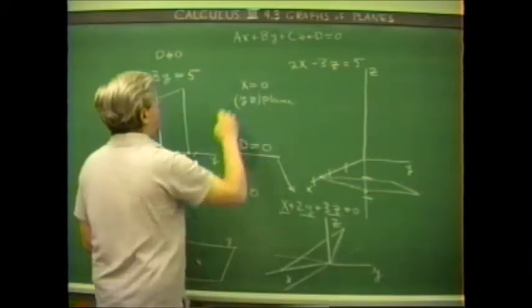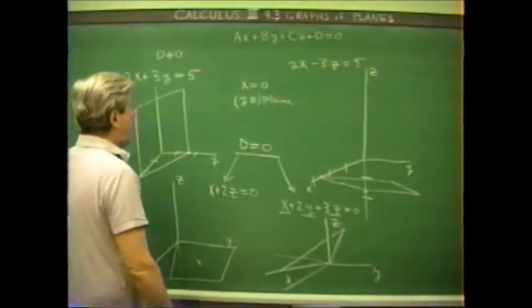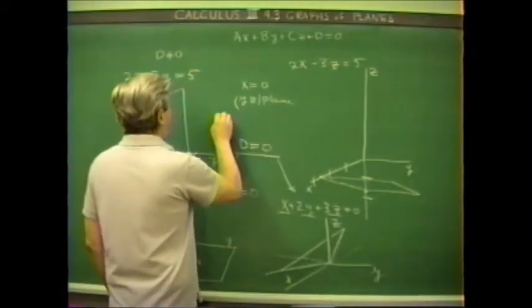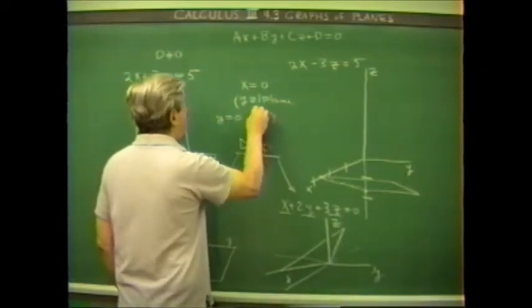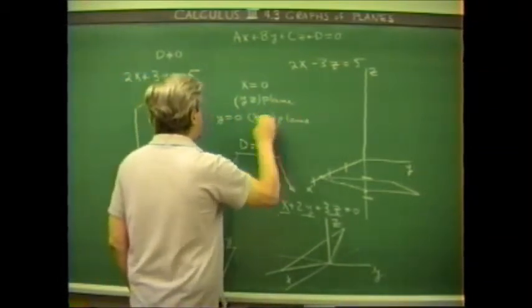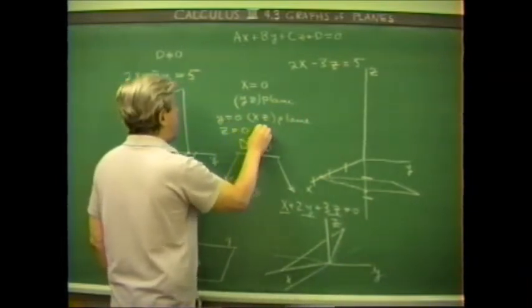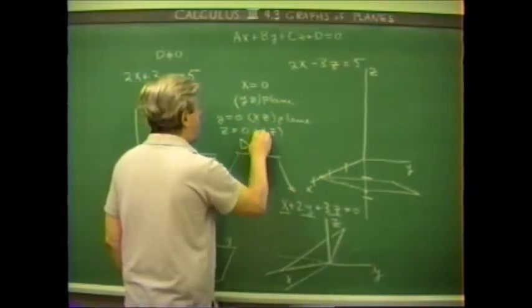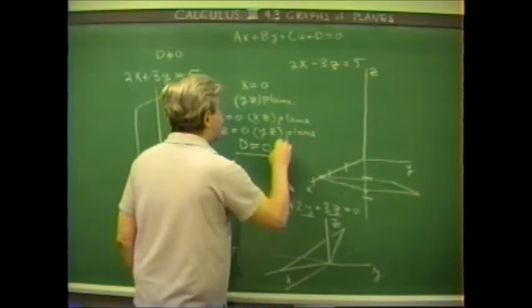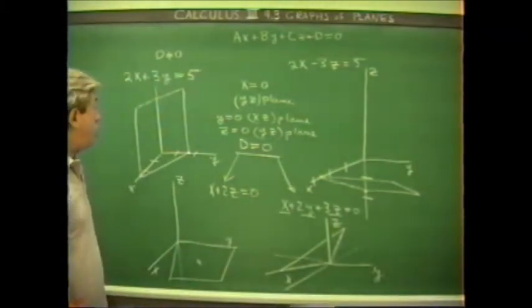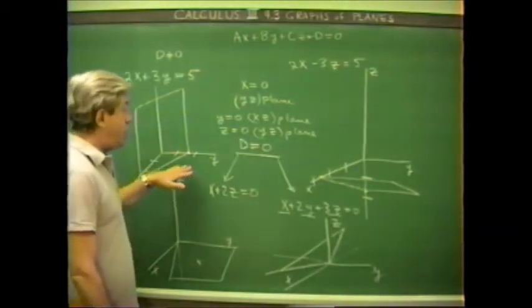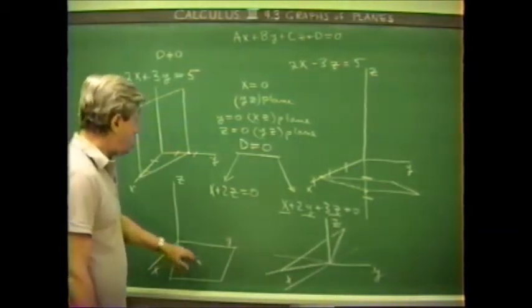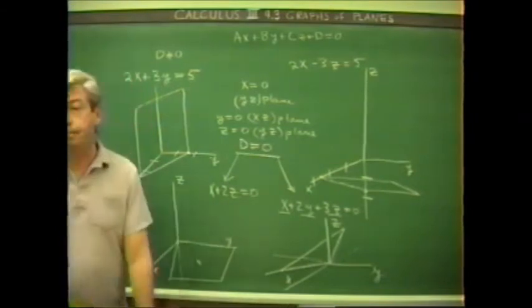It has the yz plane for its graph, and similarly, y equals 0 is the xz plane, and z equals 0 has the xy plane for its graph. Right. This and the planes shown in the previous episode represent all the various types of planes and how to sketch them so that you can tell where they're located.